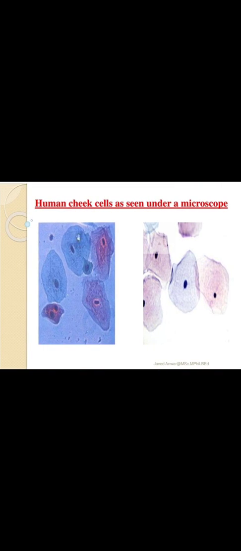You can also see human cheek cells as seen under a microscope. Human cheek, you are all aware of this word, is related to the human face. Whenever you see those cells under a microscope, you will find this type of structure in human cheek.